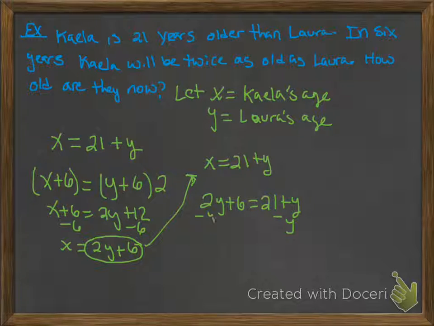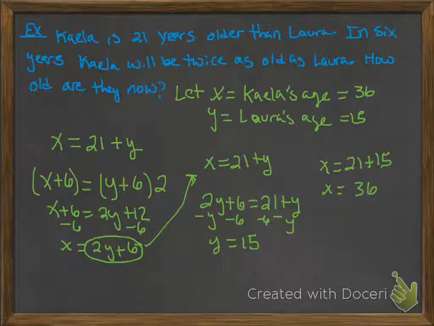Subtract y and subtract 6. y is equal to 21 minus 6, which is 15. So Laura's age is 15. Now we need the next age. So x is equal to 21 plus 15. x is equal to 36. So Kayla's age is 36. So really, this is all about creating those equations.